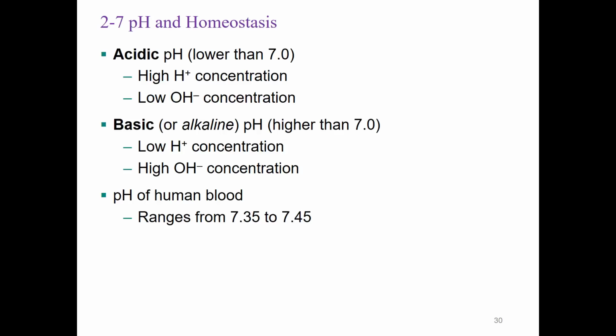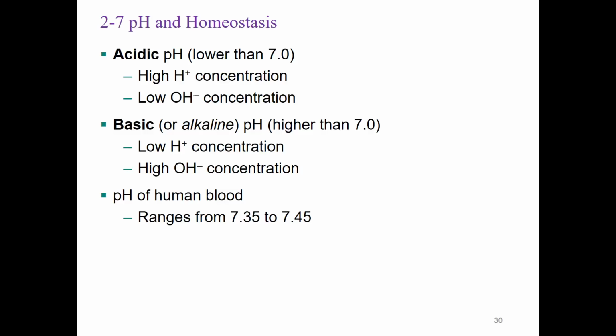So an acidic pH is lower than 7, as we mentioned before, 0 to 6. And it is going to have a high hydrogen ion concentration and a very low hydroxide concentration. Basic or alkaline pH is higher than 7, so 8 to 14.